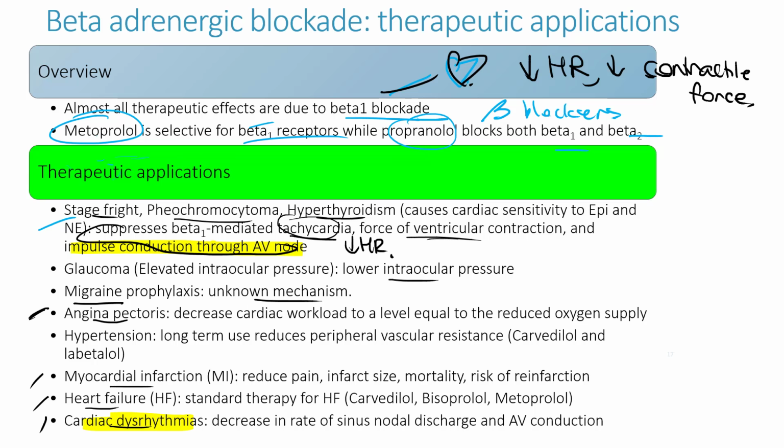And then it's also been shown to be helpful in hypertension, because it reduces the peripheral vascular resistance over a long period of time. So these are the therapeutic applications, and you can see how it relates to how it works on the specific tissue, in this case the heart.